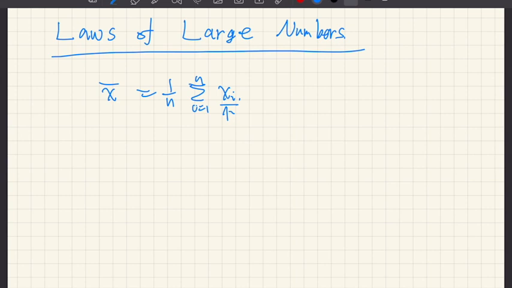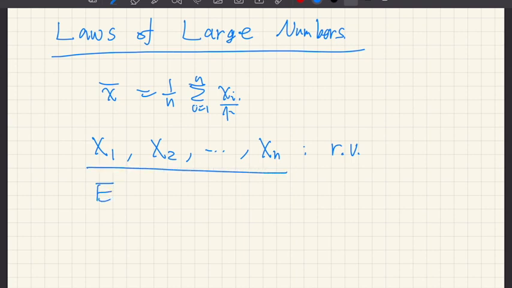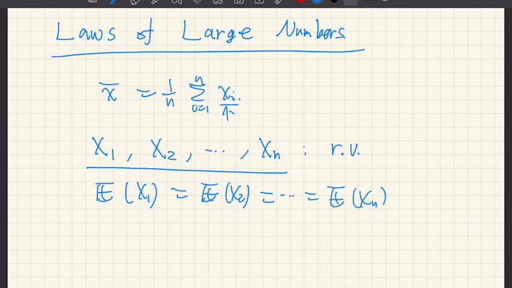Now, let's say we have n random variables, and suppose they all have the same mean, same expectation value. So expectation of x1, expectation of x2, and they are all equal to some finite value mu.